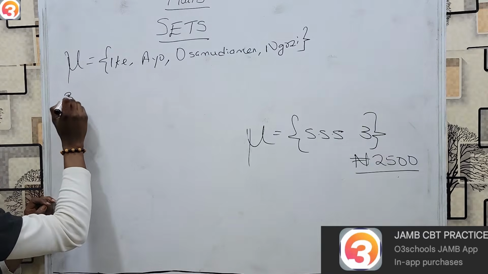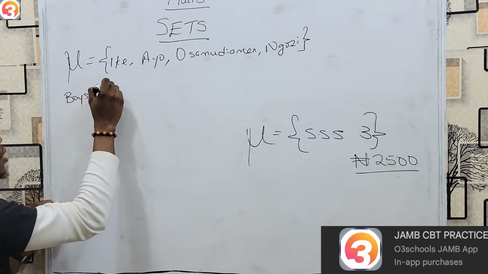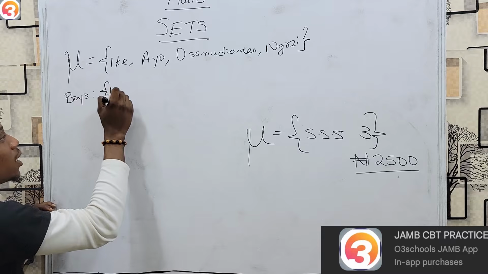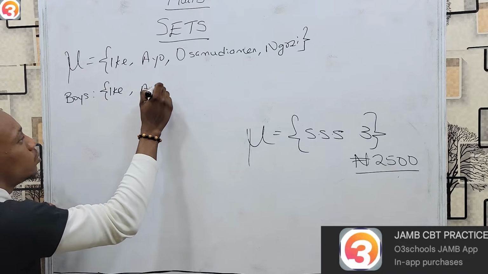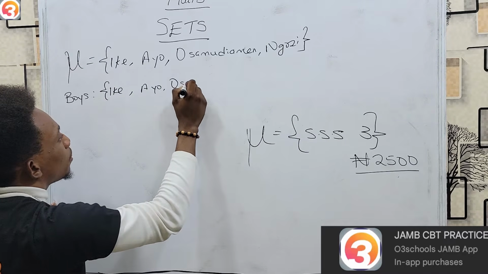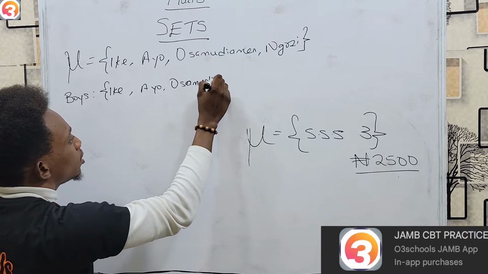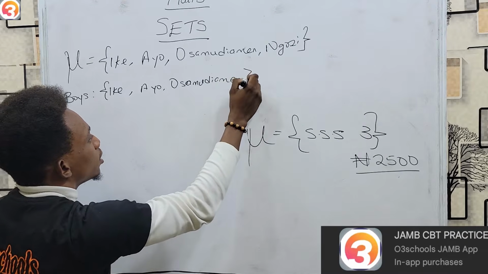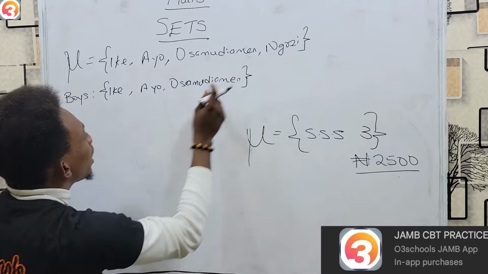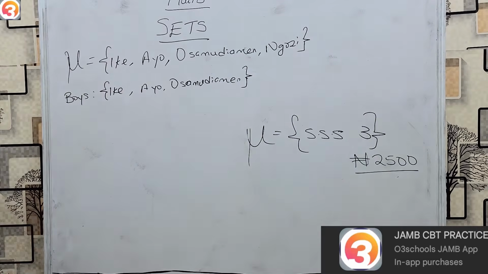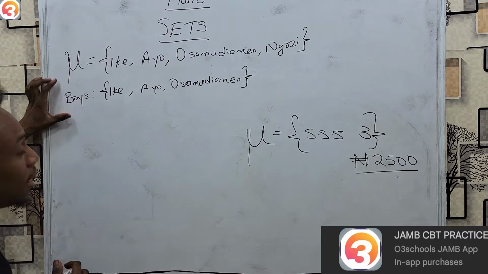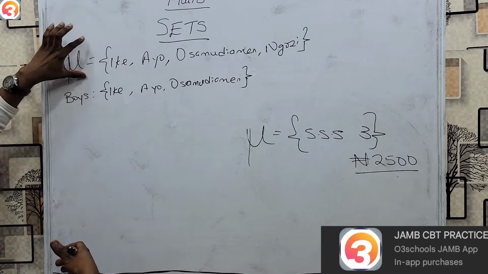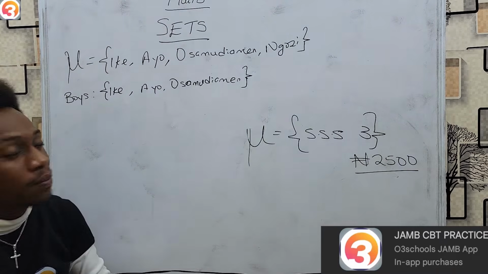Therefore, this my boys set is now going to include Ike, Ayo, and Osamudiamen. So as you can see, these 3 boys, they are all within this original universal set, making this boy set a subset of the universal set of everybody.